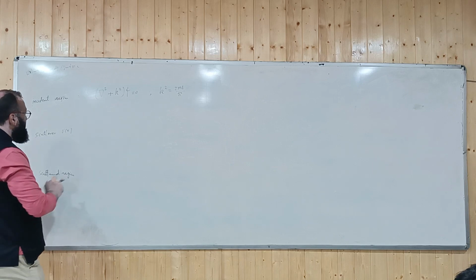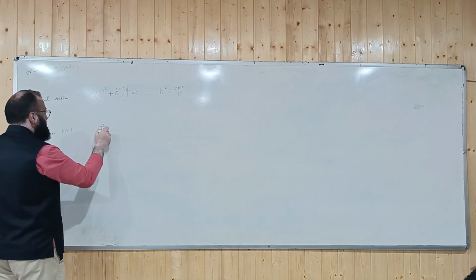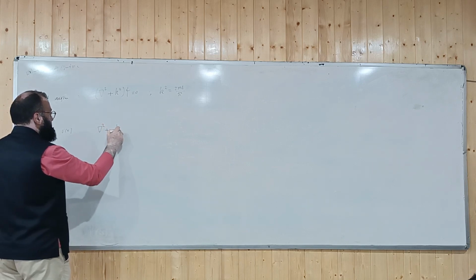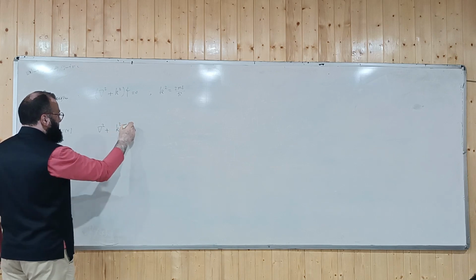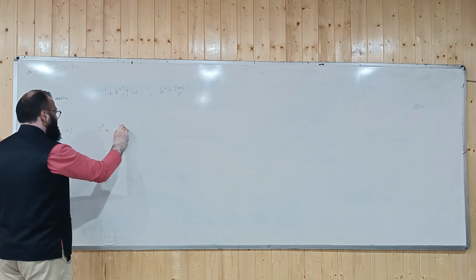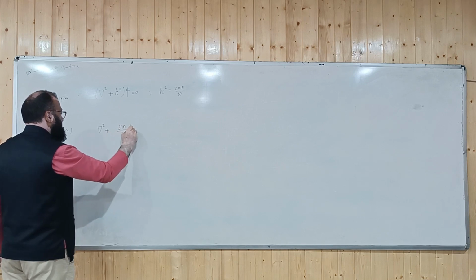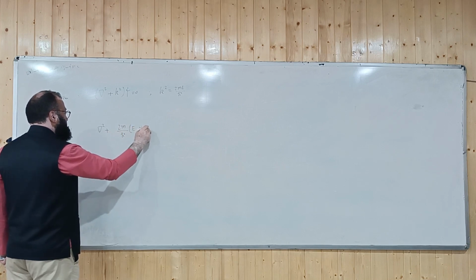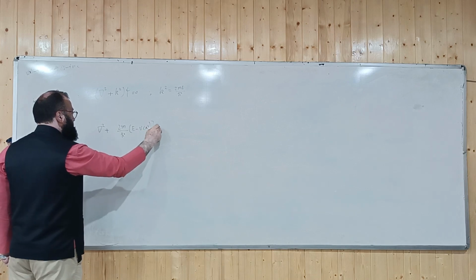So here, what is the Schrödinger equation? Let me put it this way: twice m by h cross squared times E minus V of r. Because the potential is non-zero here, this is the region.